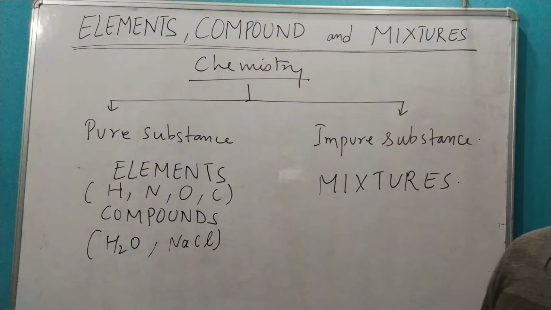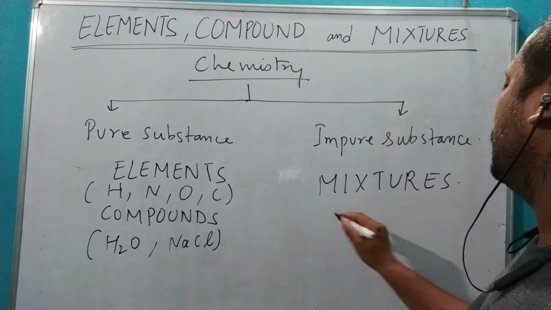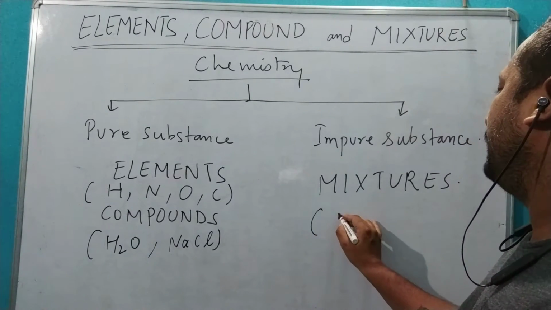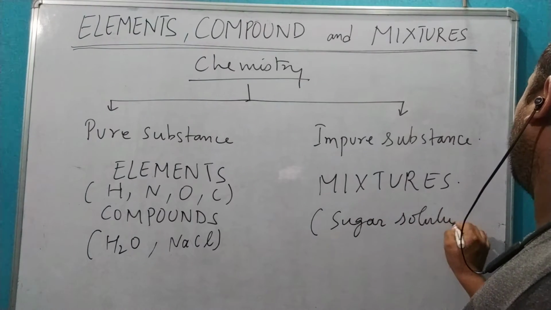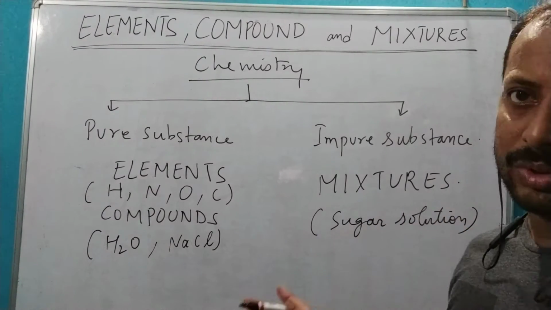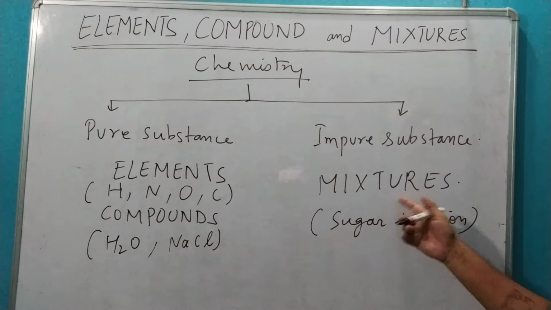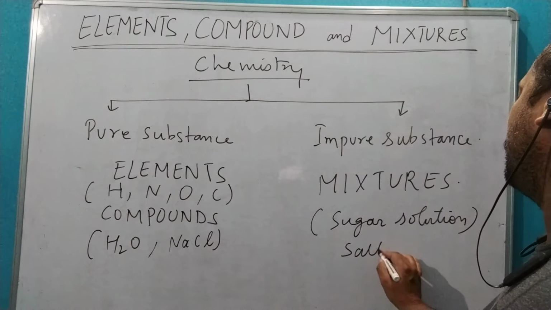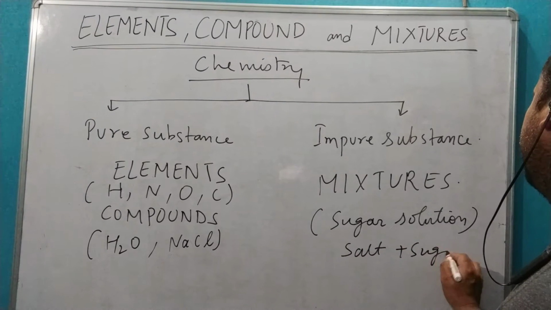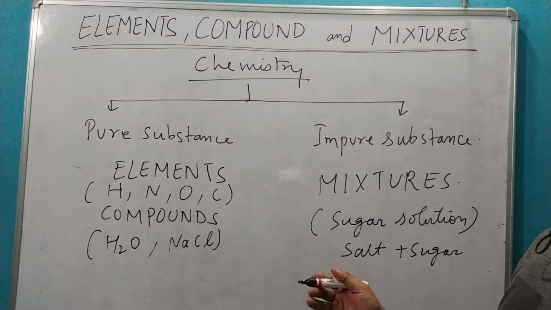When we talk about mixtures, we talk about a solution, let it be a sugar solution or salt solution. You can categorize mixtures into different types, like a solution of salt plus sugar, or iron and sulfur.